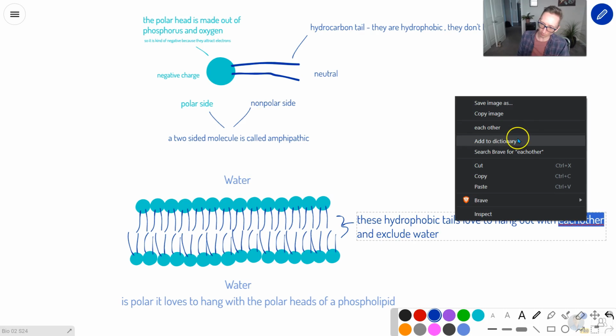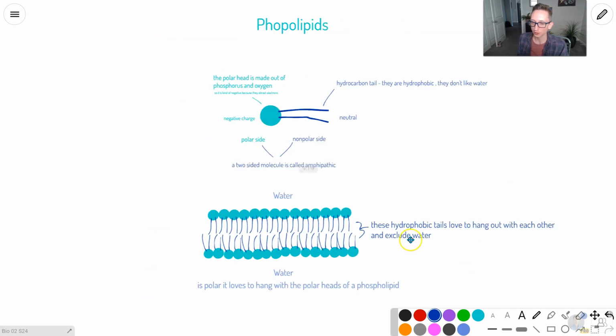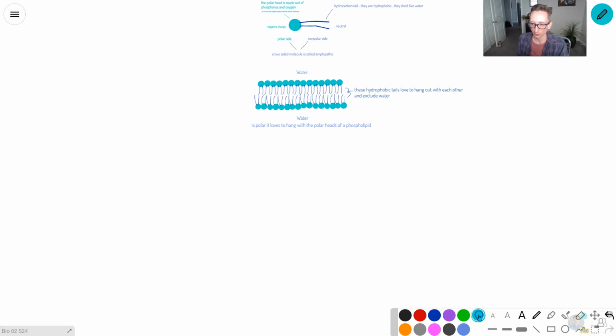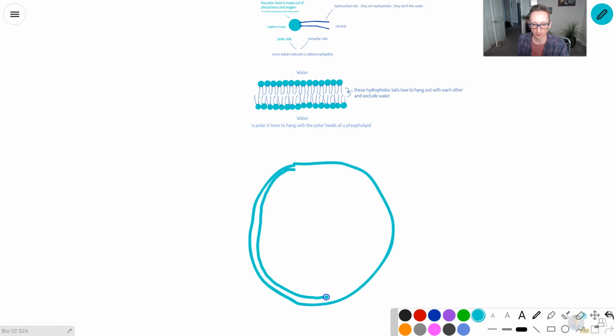So based on the amphipathic chemical properties of a phospholipid, you essentially create a cell membrane. So what this results in is if I just extend this out, they will actually form a sphere like this all the way around with one layer and then a second layer like that. And inside of here, I'm not going to draw them all in, but we'll have all these little tails. This will be all full of hydrophobic tails in here. This is so trash, but you get what I'm going for.